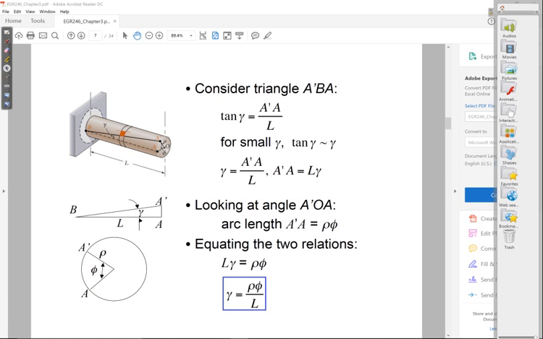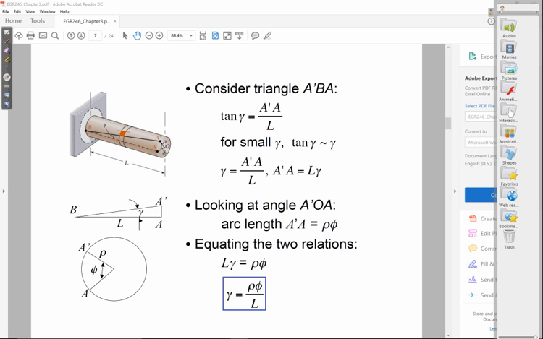Now the radius can vary. The radius of the cross section varies from 0 at the middle of that cross section all the way to the outer surface of this shaft.